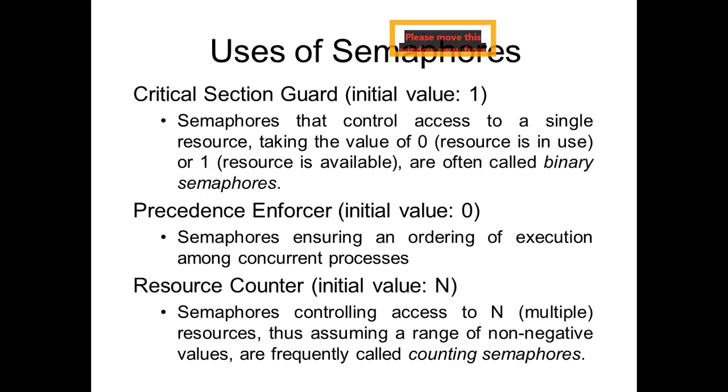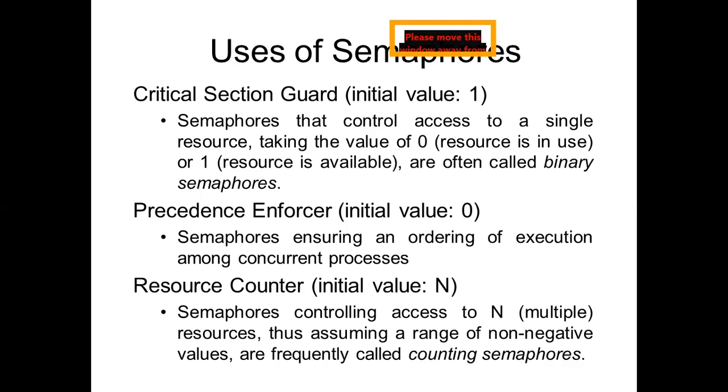If the particular resource is in use, already occupied by a process, then its value is 0. If the resource is available, so that a process may allocate that particular resource, then its value is 1.